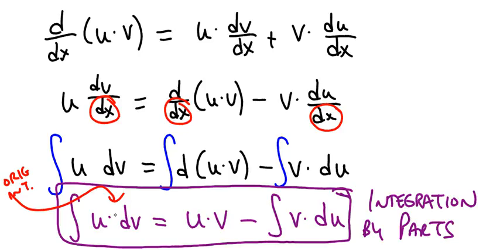In your original integral, you identify a u whose derivative you end up having to find, and a dv whose antiderivative you need to find. Then we try this formula, see if things work out okay, and with any luck, this one is easier to work with. If this one is easier to work with, then we win. And otherwise, well, let's not think about that.